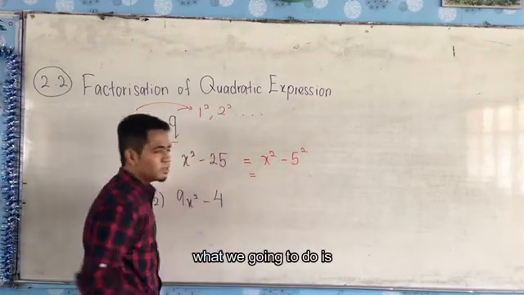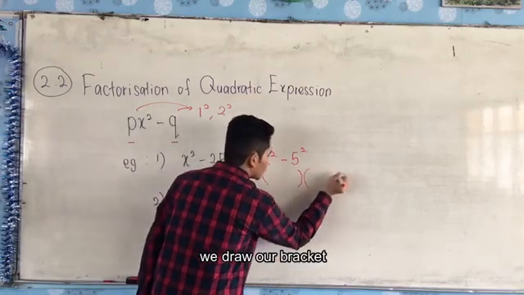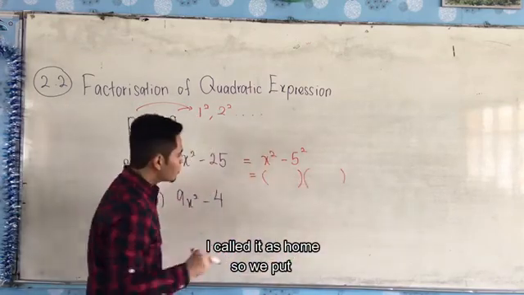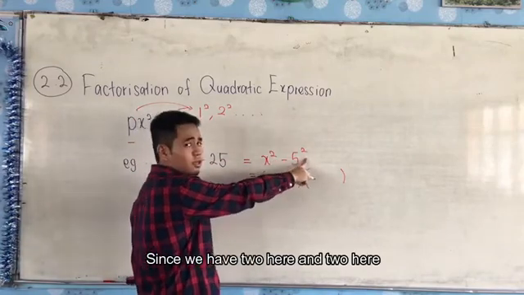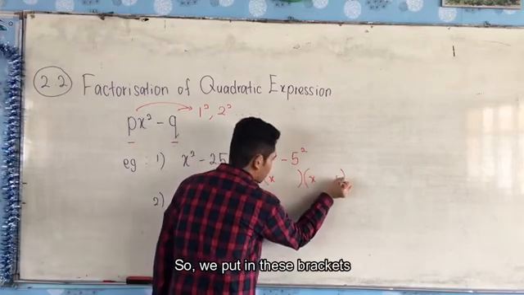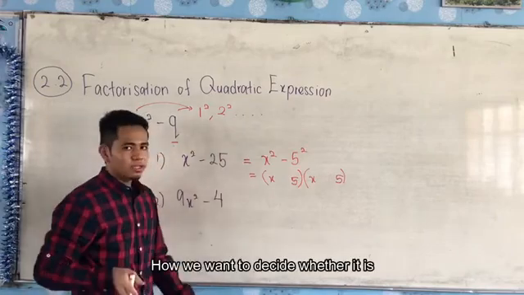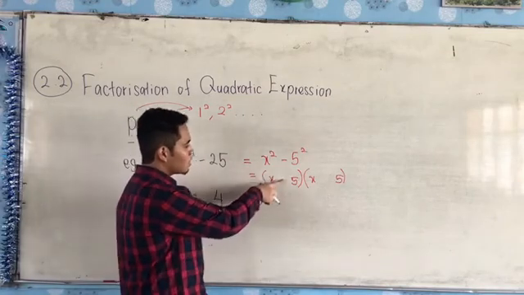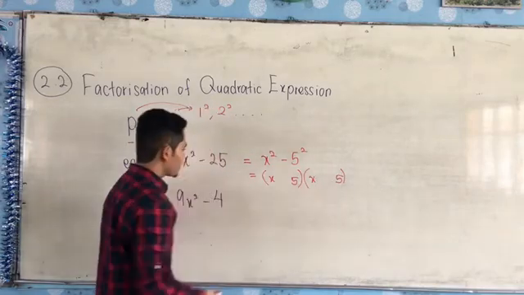What we're going to do is draw our bracket. I call it as full. Since we have x squared here and 5 squared here, we put them in this bracket. How do we decide whether it is negative negative, positive positive, or negative positive?